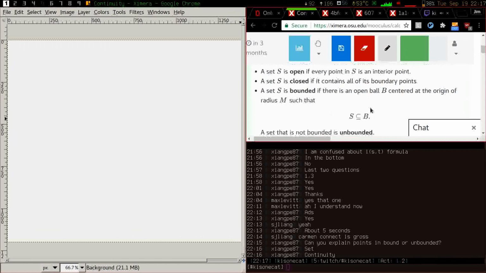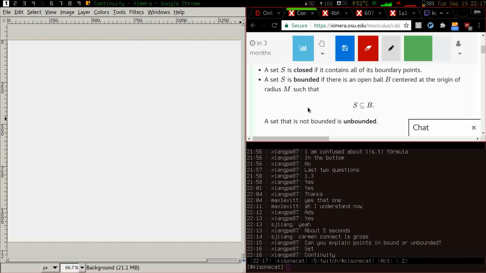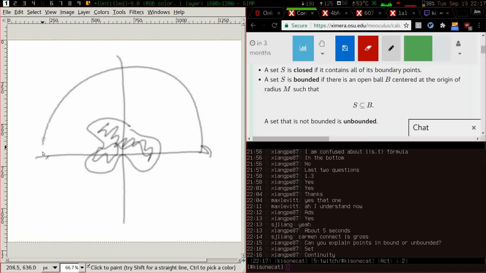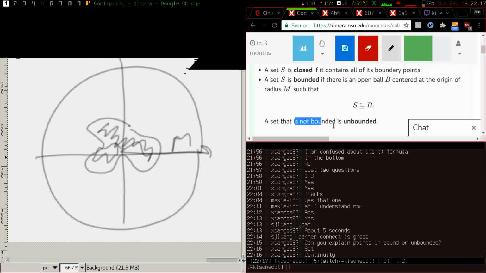This is a definition that's true in general, in Rn. But if you just look in the plane, if you're thinking of the set of points in this region, is that set bounded? It's bounded because there is an open ball of radius M which contains this set. And a set that's not bounded is called unbounded.